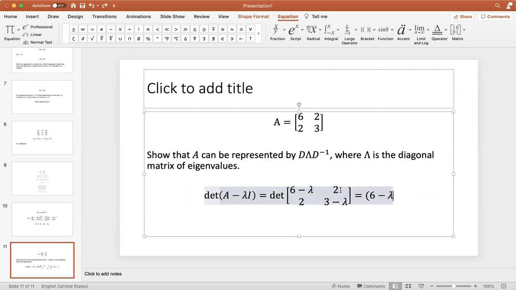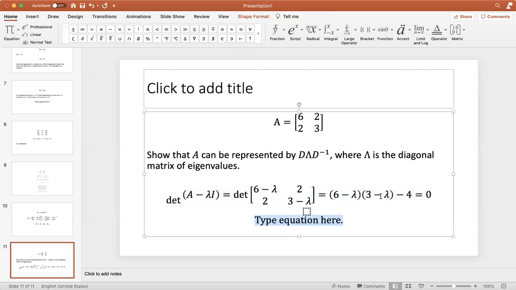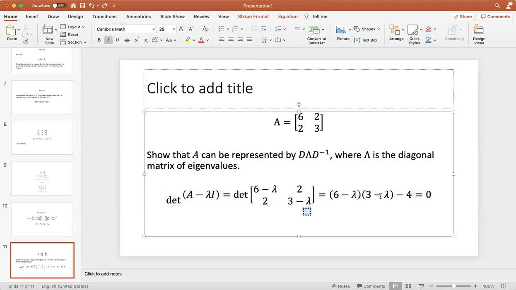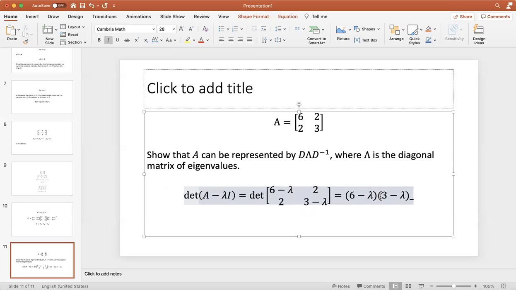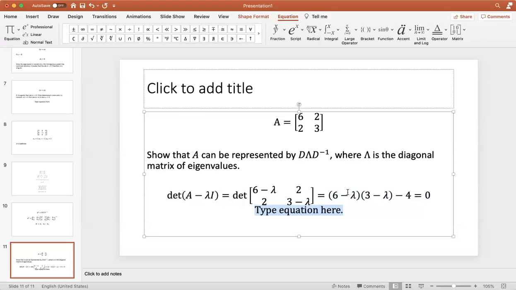Solving this product, you'll get 18 minus 6 lambda minus 3 lambda, that is 18 minus 9 lambda, plus lambda squared minus 4 equals 0.